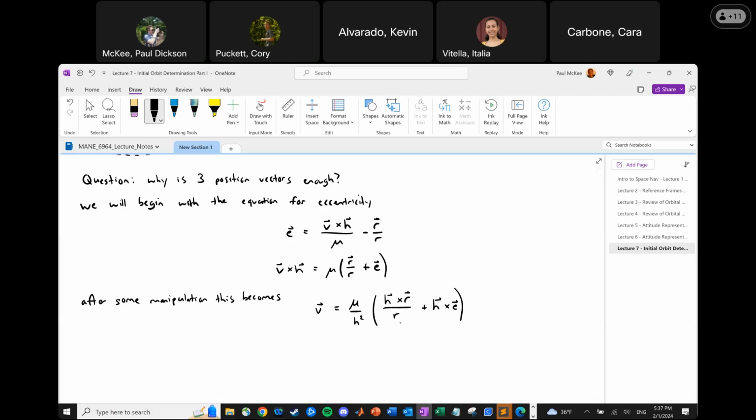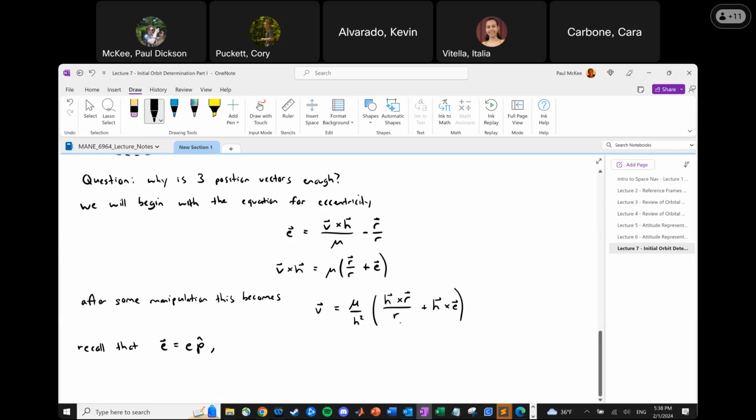Now we can actually take some shortcuts here. Recall that by definition, your e vector is really your e scalar in the p hat direction. Remember the perifocal direction? And that's kind of just because we defined p as pointing in the direction of the e vector.